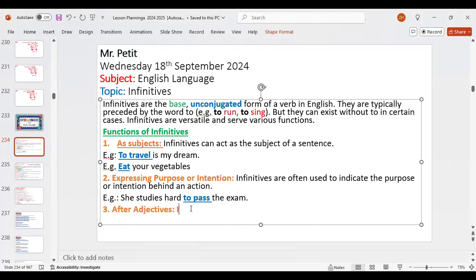So it says infinitives. Write this down for me, please. Infinitives are used after adjectives to describe qualities or characteristics.